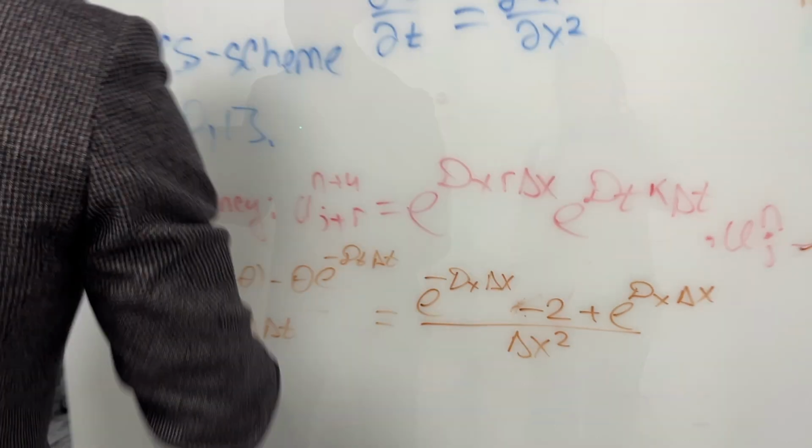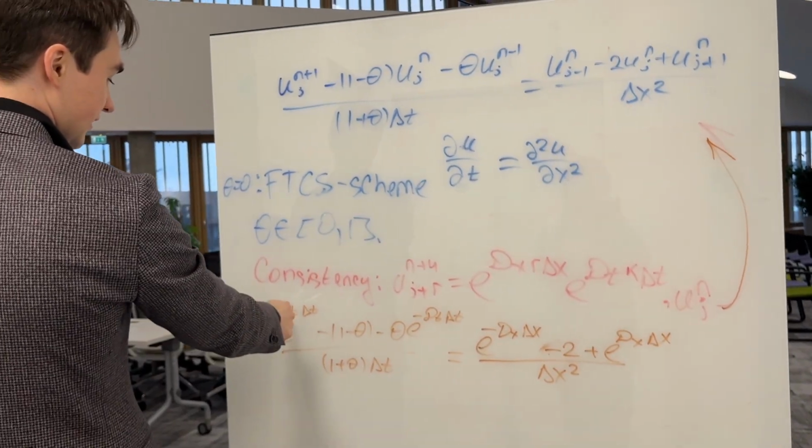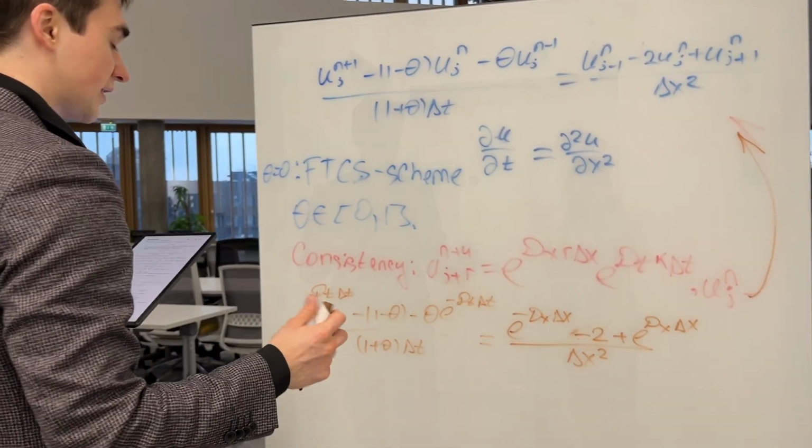And then we need to write explicitly what is the exponent for delta t D_t and delta x D_x.